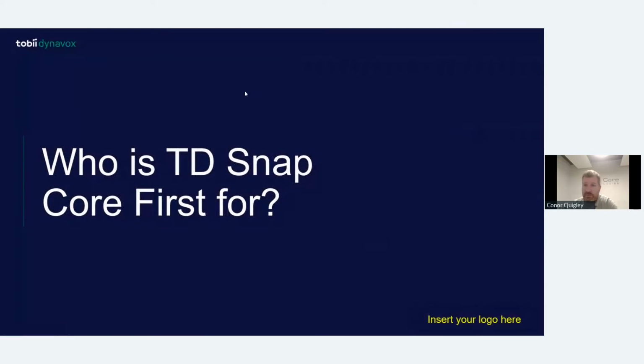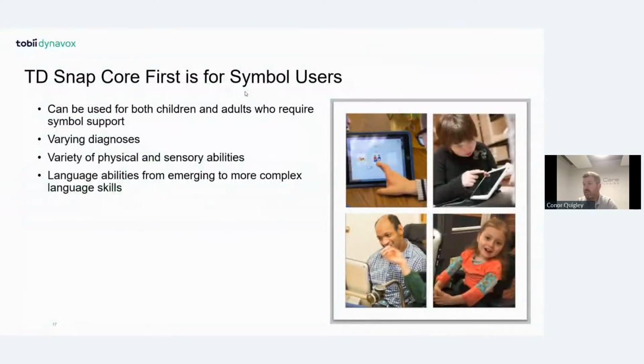So who is core first for? It can be used by both children and adults who use symbols, and for varying diagnoses. Because of the different access methods that you can use, whether it's eye gaze, switch, head mouse, whatever it may be, you can use it for those with a variety of different physical and sensory abilities. TD Snap goes on iPads, iSeries, eye gaze devices, TD Pilots, to i110.